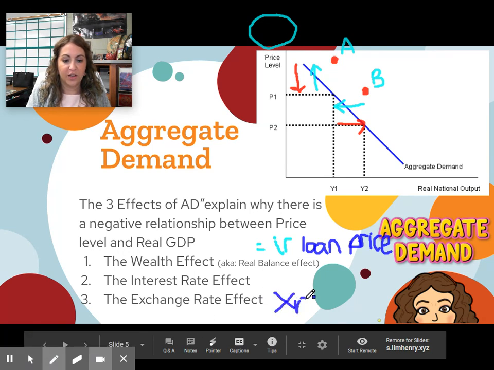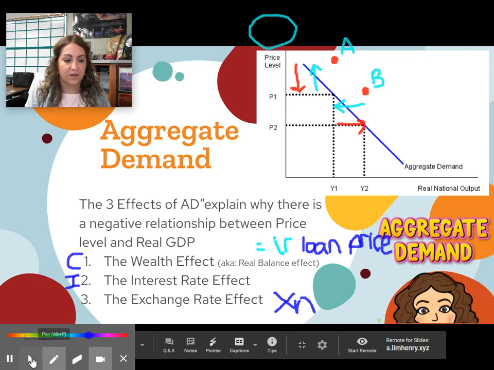So while the wealth effect was dealing with how consumers feel wealthier, interest rate effect was all about how businesses spend more because of prices, and then the exchange rate effect is about XN. And this one's kind of funny, a little silly.